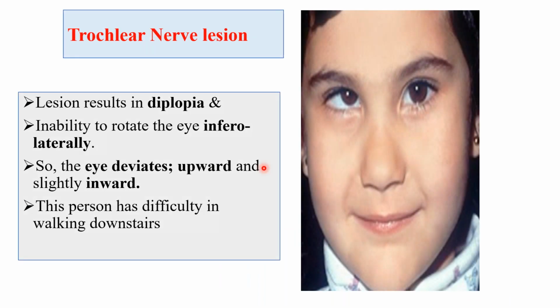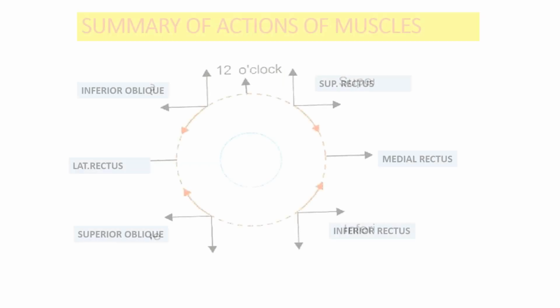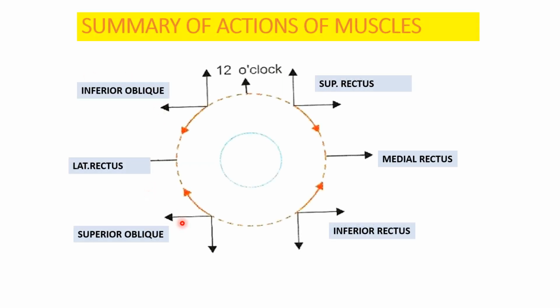Now coming to the trochlear nerve lesion. The trochlear nerve supplies the superior oblique, and we should remember what the actions of superior oblique were. The superior oblique was causing depression of the eyeball, abduction, and intorsion of the eyeball.